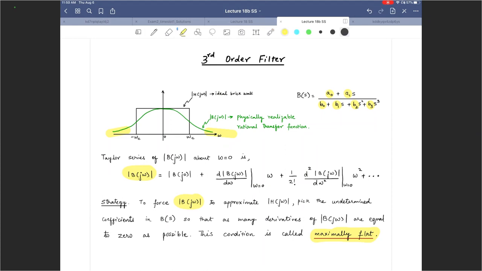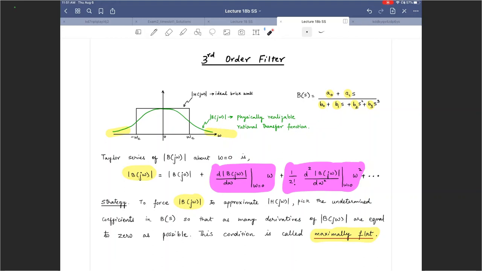I ideally want all these guys to disappear. This guy to disappear. That's the linear term. That's the quadratic term. I want all of them to disappear. Why? Because I want the behavior at low frequencies to be maximally flat.